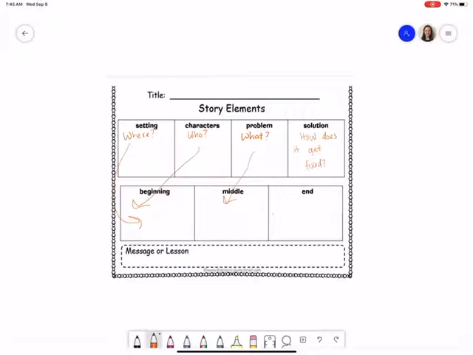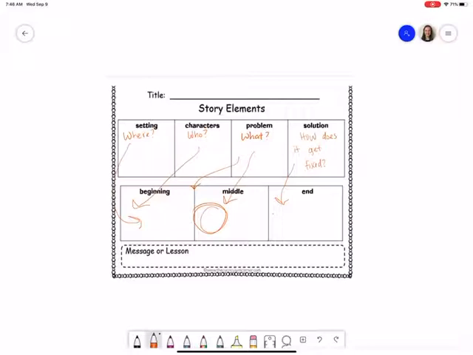And then, in the middle, we're going to find out what the problem is. It can also be close to the beginning, okay? And we're really going to understand in the middle why the problem is so bad, why they can't get around the dragon, okay? And then, in the end, we're going to see the solution. How did they end up defeating the dragon? Okay?